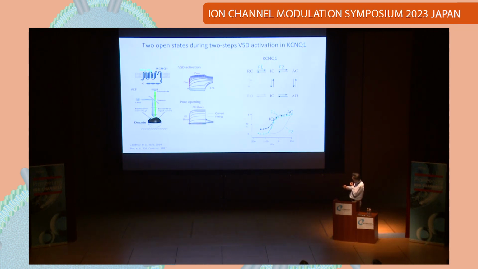When we plot the voltage dependence of the fluorescence signal, it can be fitted by 2 components, F1 and F2. All these data show that the voltage-dependent activation of this channel, KCNQ1, has 2 steps.